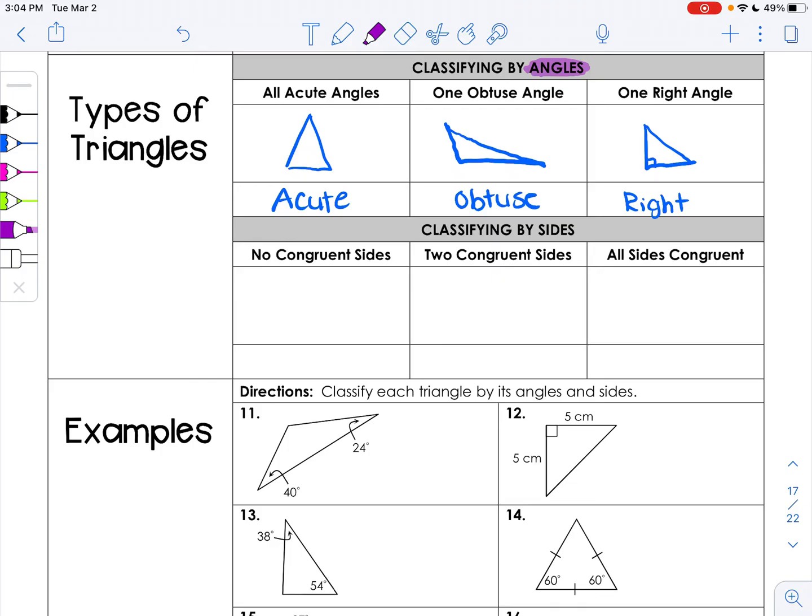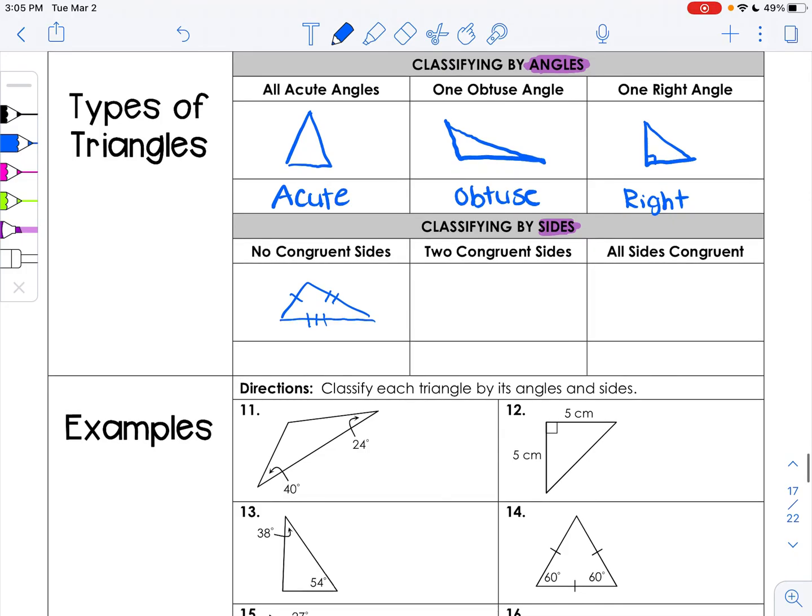We can also look at triangles based on their sides. For example, if I have a triangle where none of my sides are equal, so none of them are congruent, that means this side is different than this one, but then they're both different than that third side. We call that a scalene triangle.